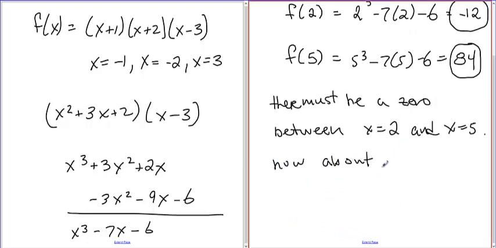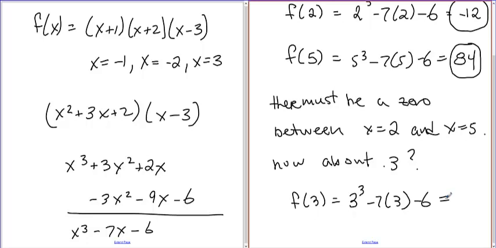Because you probably pick integers to start with. So let me try f of 3. You do 3 cubed minus 7 times 3 minus 6.